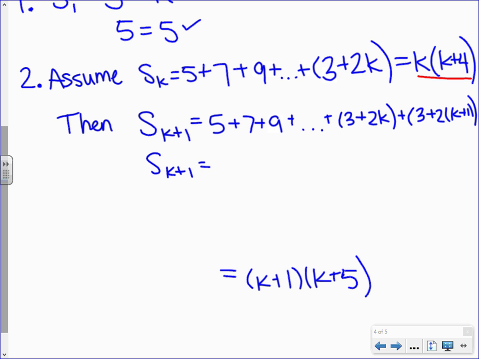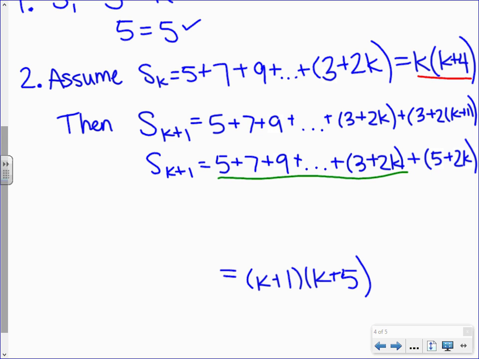So, what I'd like you to do is rewrite this so that we can kind of distribute that k plus 1 through. So 3 times the quantity 2k plus 1 is the same as what? Okay.